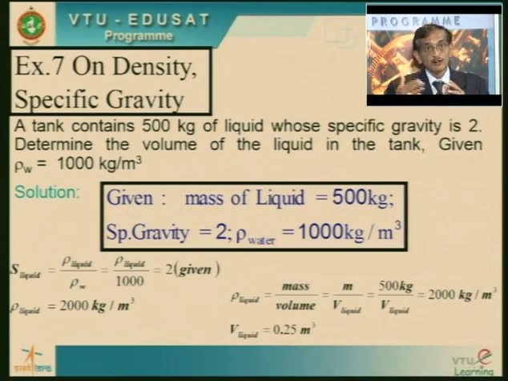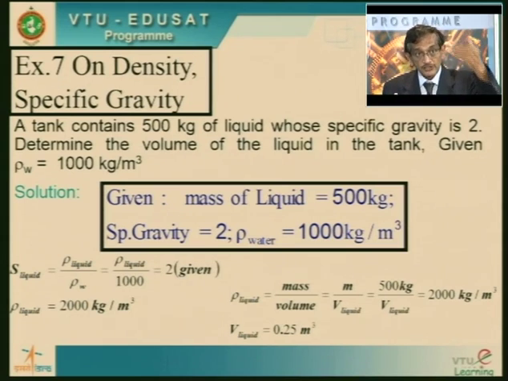Of competitive level, of VTU level, we can say. In this, mass of the liquid is given as 500 kg, specific gravity is given as 2, density of water is given as 1000. So, we first took the specific gravity of the liquid, the ratio of density of the liquid to density of water. Water is 1000, specific gravity is 2, 1000 into 2, 2000.